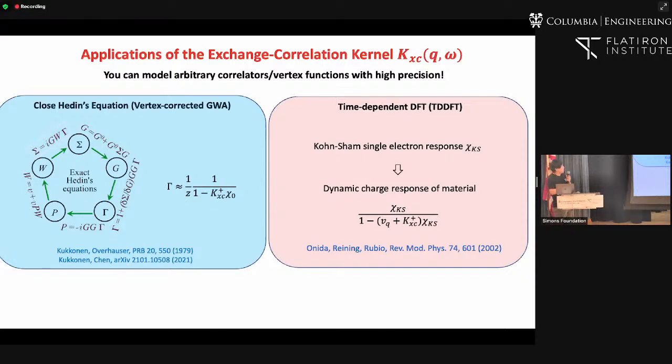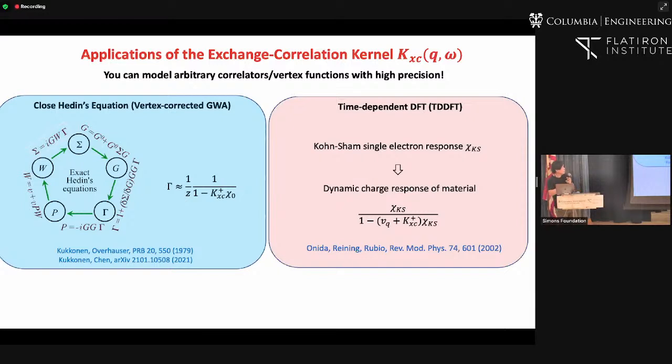So, for example, once we know how to parameterize this kernel for the uniform electron gas problem, then we can derive a simple parameterization of the vertex correction, and with the vertex correction, we can plug it into the Hedin equation to derive a relatively simple vertex corrected GW approximation. And this approximation, compared to a standard GW approximation where the gamma is set to be 1, will give a very nice prediction, like for correlated metal, even with the self-consistency.